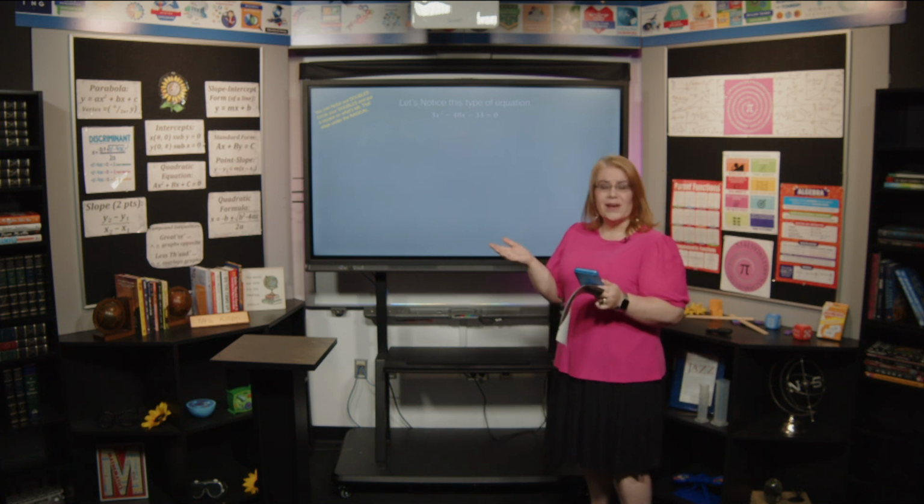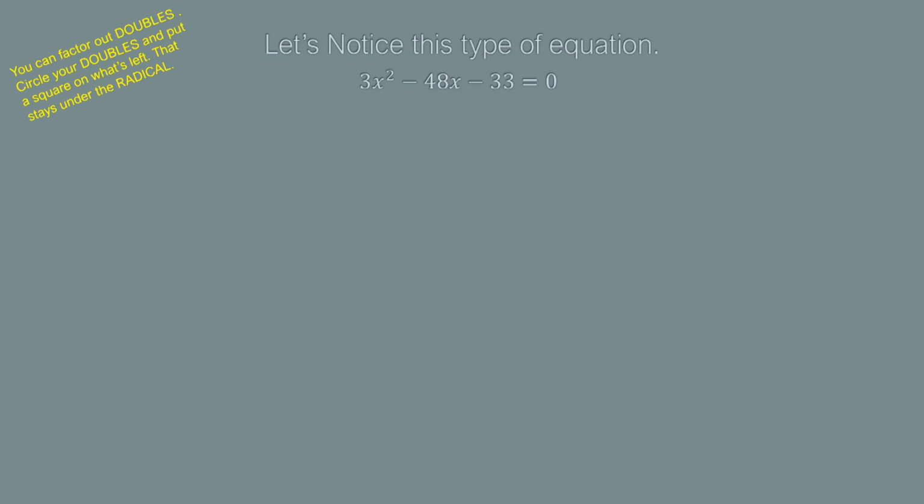I get a 3 as my greatest common factor. So I can do what I just learned and divide everything by 3 and get that greatest common factor gone. When I do that, I'm left with x squared minus 16x minus 11 equals 0.